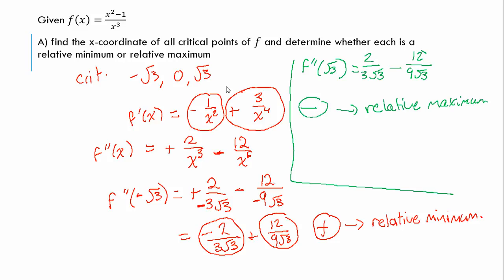Now for the critical point at 0, where the second derivative is undefined, we're going to look at some points around 0. So let's try negative 1.